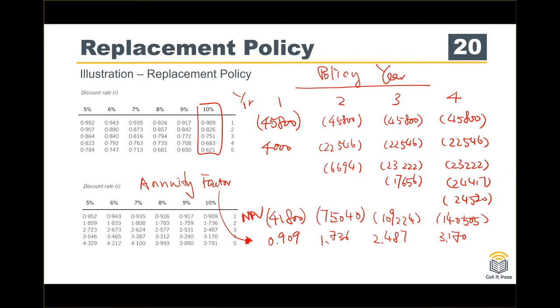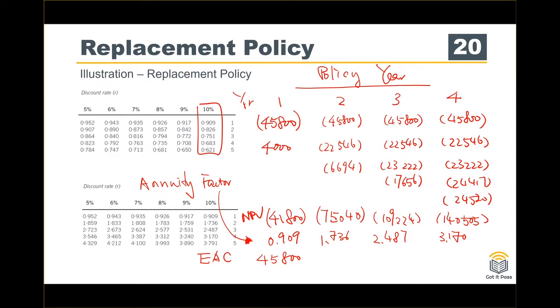So you can get the final result, the equivalent annual cost, the EAC. For the 1-year policy, it's 45,800.